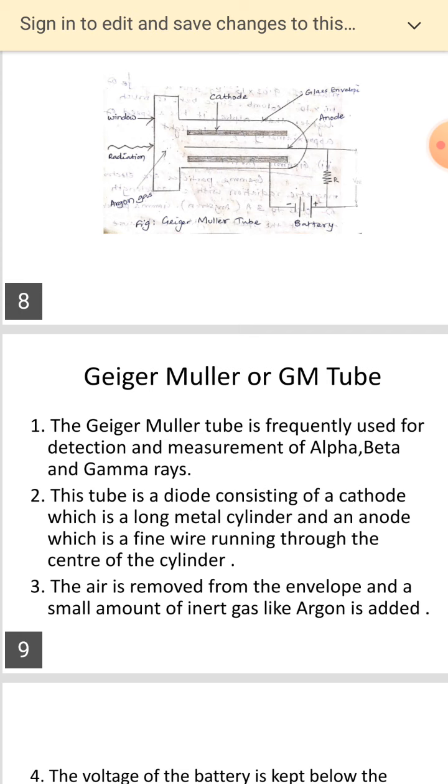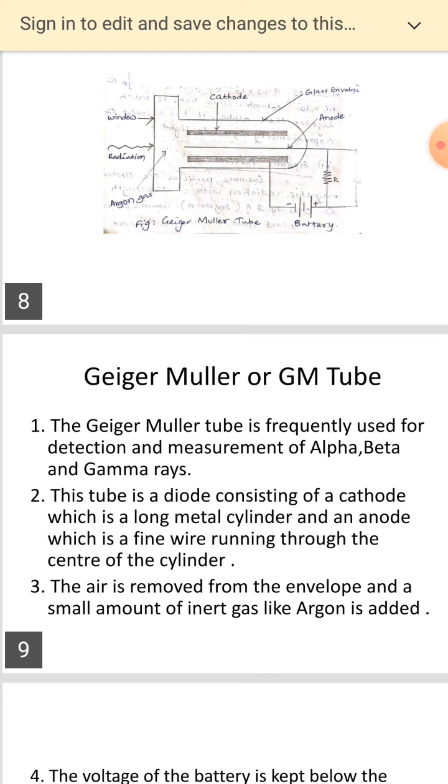This tube is a diode consisting of a cathode, which is a long metal cylinder, and an anode, which is a fine wire running through the center of the cylinder. Both of them are mounted in a thin walled airtight glass envelope sealed by an extremely thin window through which radiations may pass. The air is removed from the envelope and a small amount of inert gas like argon is added.